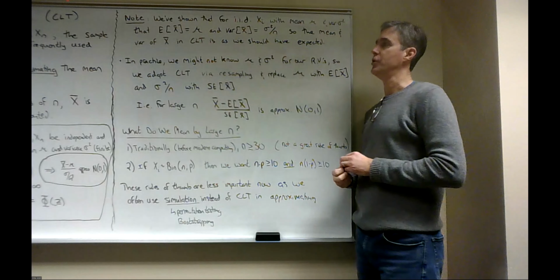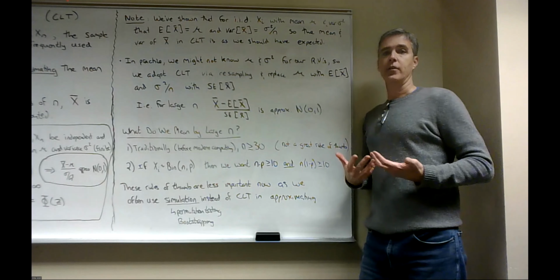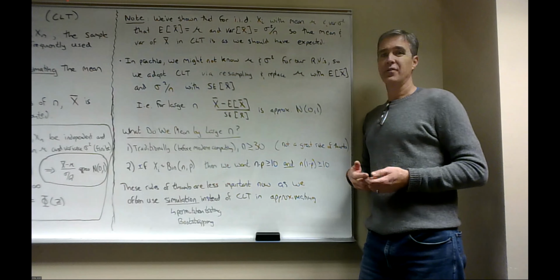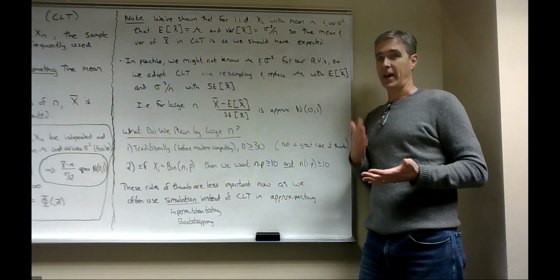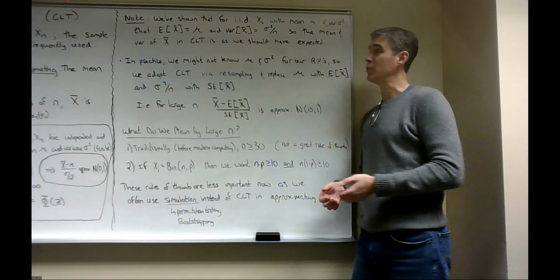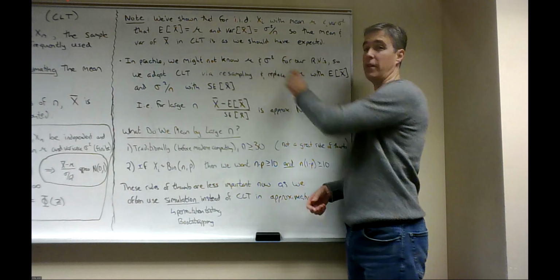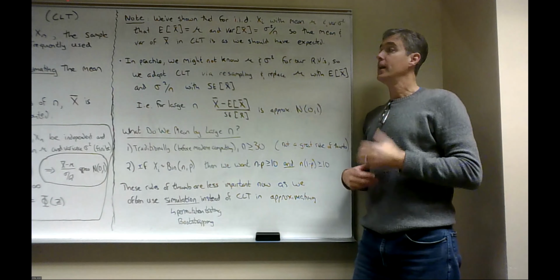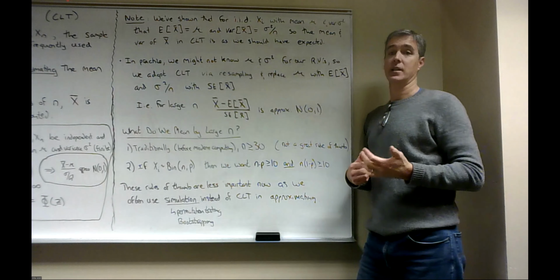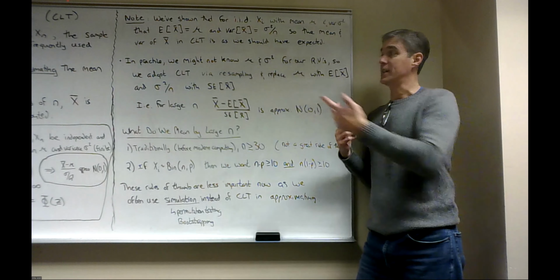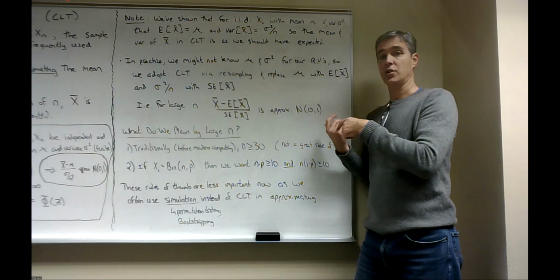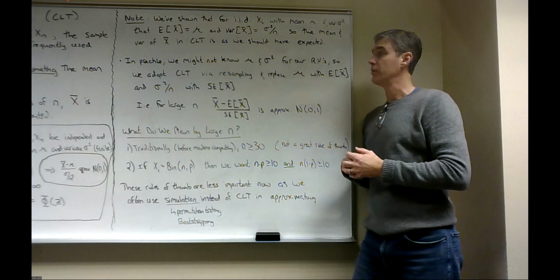Now, one issue is that in practice, when we're given a random sampling of data, we oftentimes don't know what distribution x1 up through xn came from. So we don't actually know the mean or the variance of the random variables. In which case, we're going to approximate them via resampling and use those approximations in our central limit theorem.